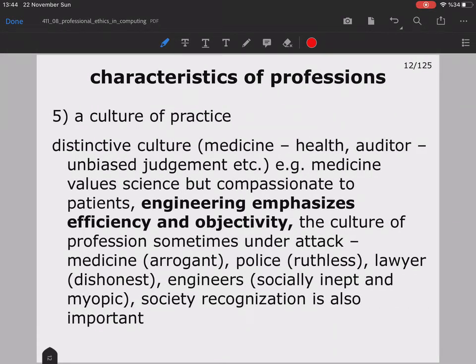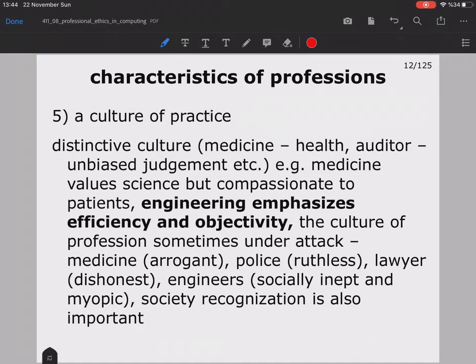And the last one, but not the least, we talk about a culture of practice here. It should be a distinctive culture which defines that profession. For example, the people who work in medicine or medical science are obsessed with health, where the auditors should have unbiased judgment, etc. Each profession has some characteristics.